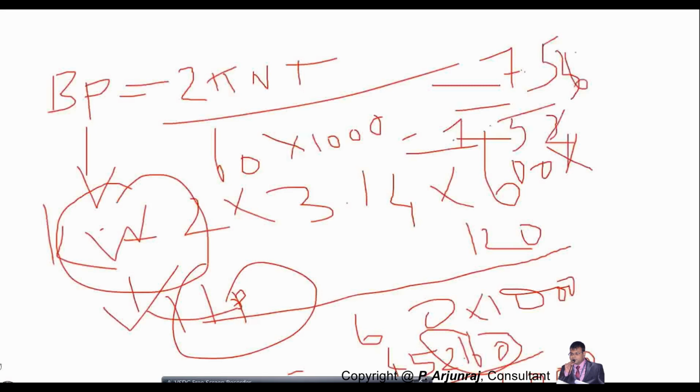And the unit is very much important. You have to put kilowatt. Okay, good. So now we are very clear about the brake power. We have found the brake power.